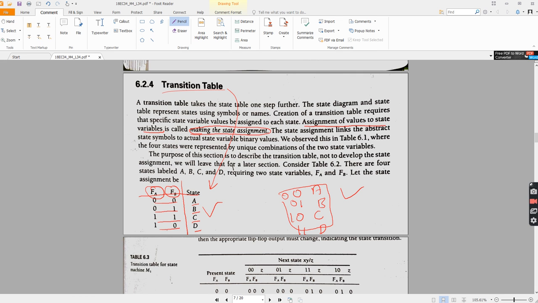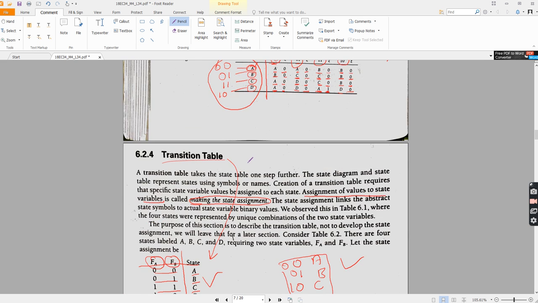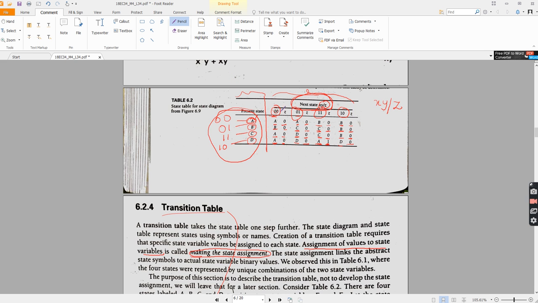Look here, what difference do you find? In the same table, this entire table I'll be converting into a transition table by adding one more row here.